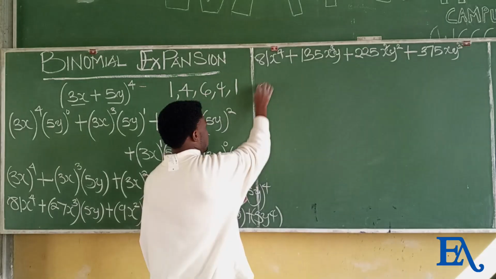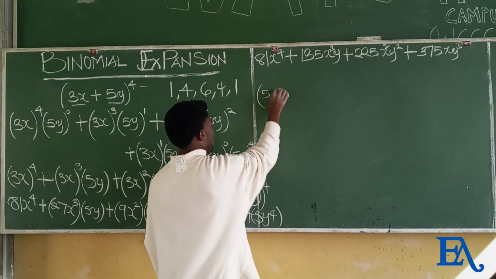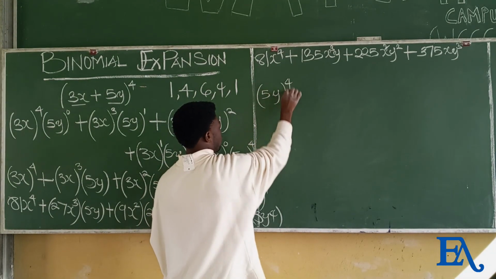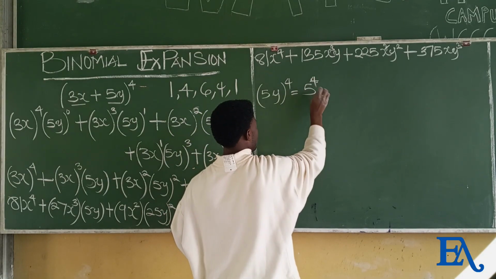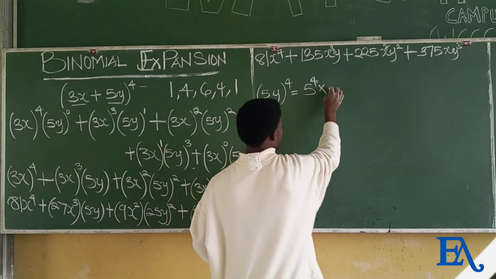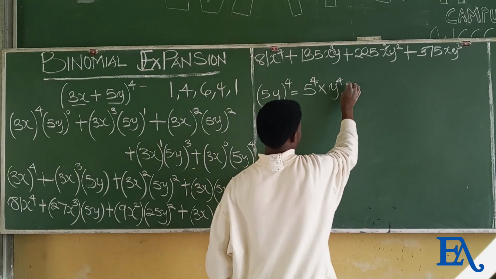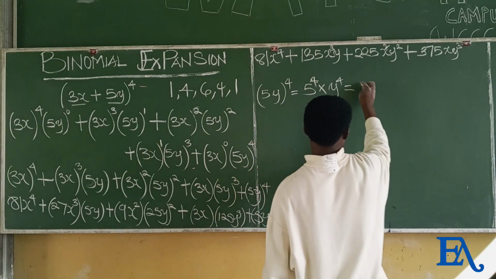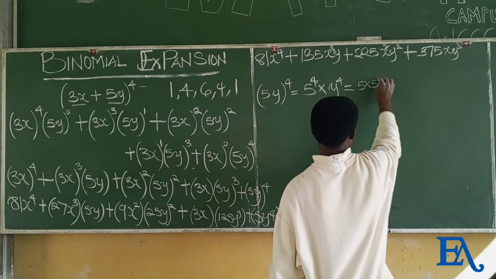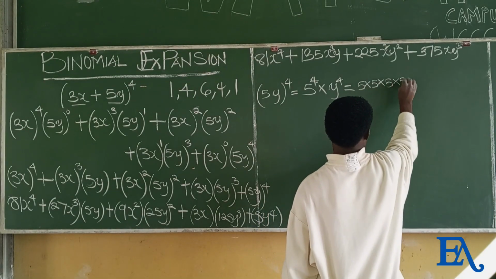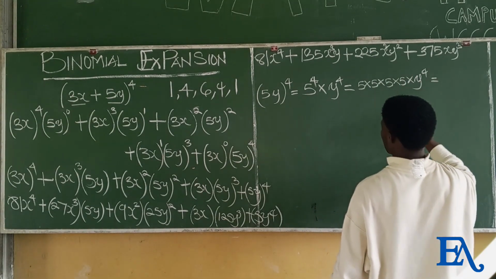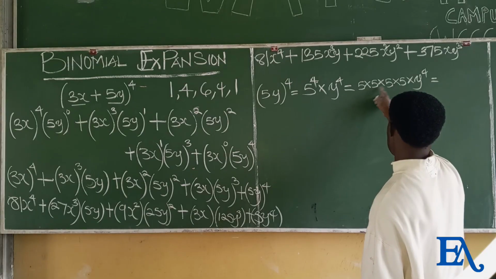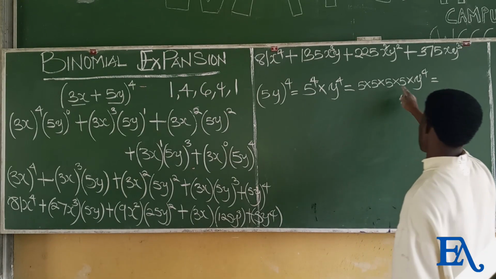This is in parentheses 5y raised to the power of 4, which gives 5 raised to the power of 4 times y raised to the power of 4, which gives 5 raised to the power of 4 is 5 times 5 times 5 times 5, then times y raised to the power of 4, which equals 5 times 5 is 25, 25 times 5 is 125, and 125 times 5 is 625.